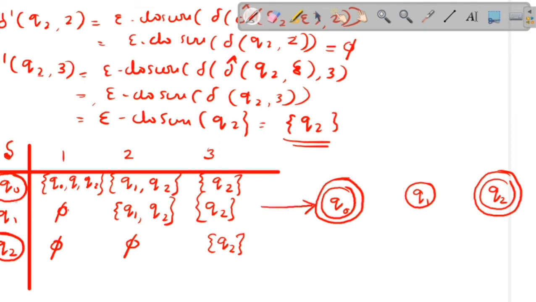Okay, delta of Q0 comma 1 is equal to Q0 Q1 Q2, right? Then Q0 comma 2 is Q1. So here it is 1 and 2. Q0 comma 2 is Q1, then Q2.